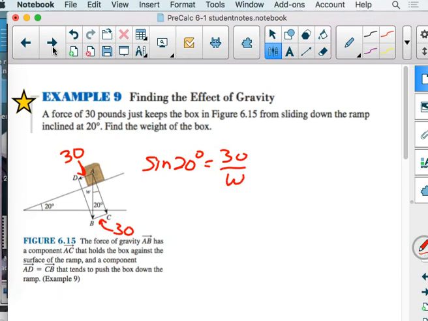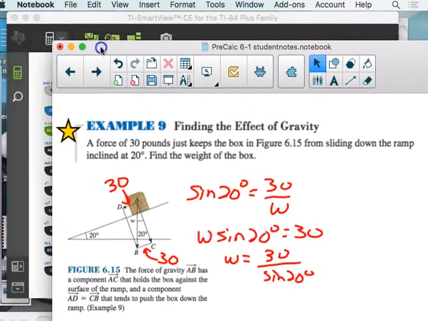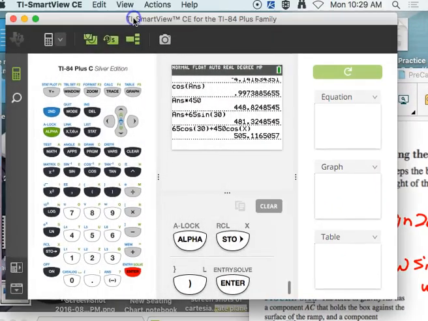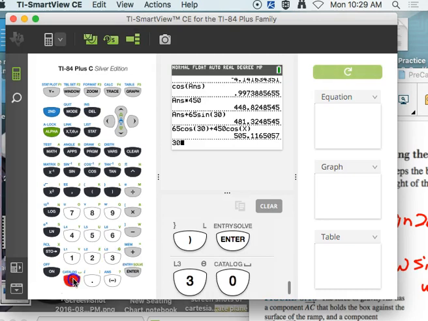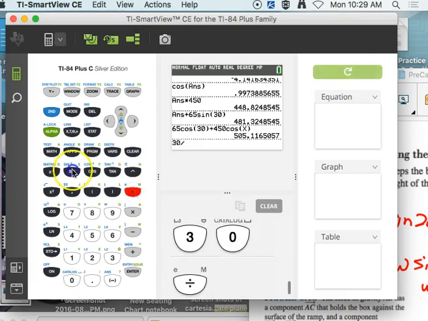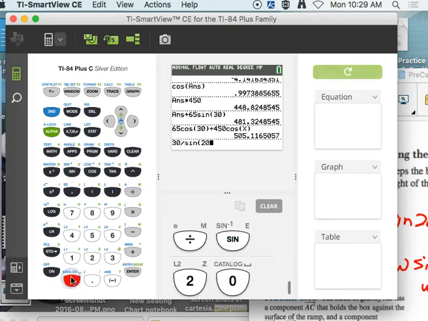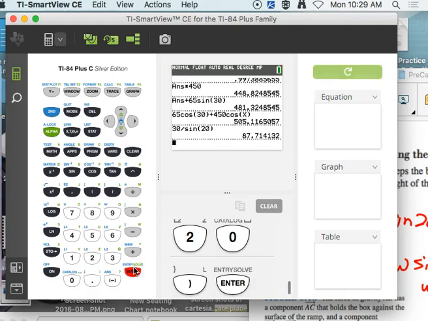Like I said, some of these you don't want to overthink. It'd be very easy to do. So we'd multiply by W, and we would divide by the sine of 20 degrees. All right, so 30 over the sine of 20 is 87.714.